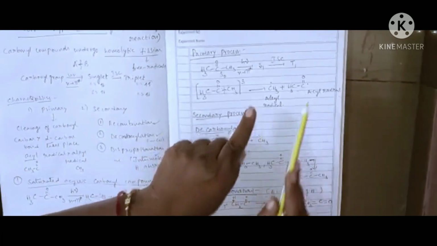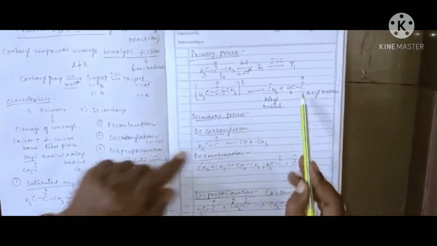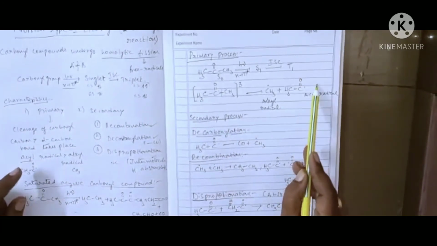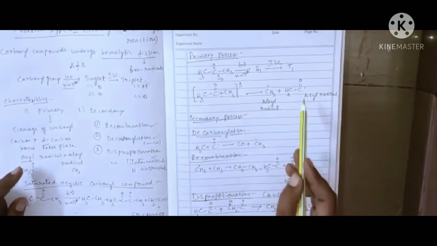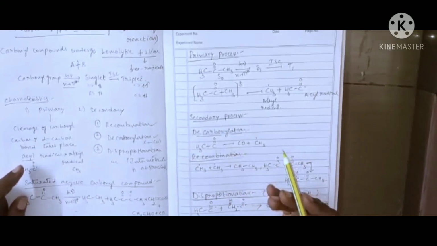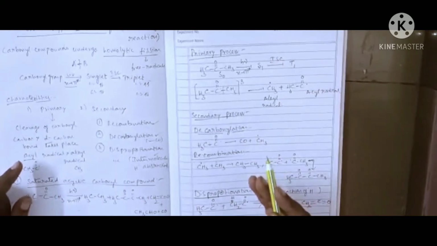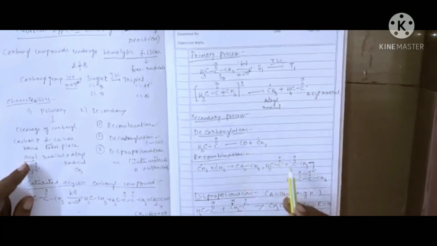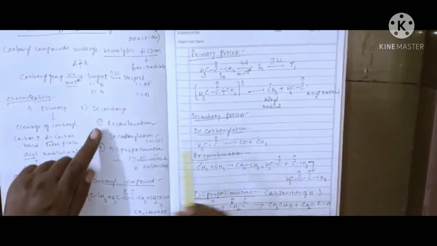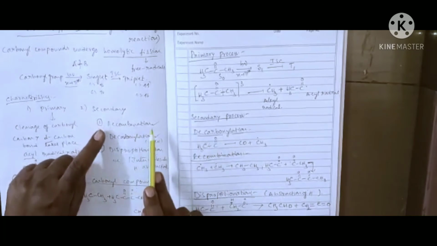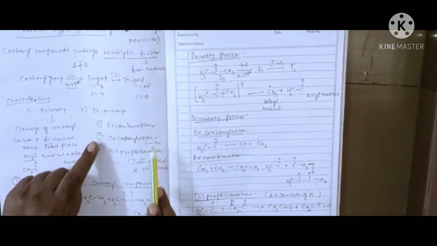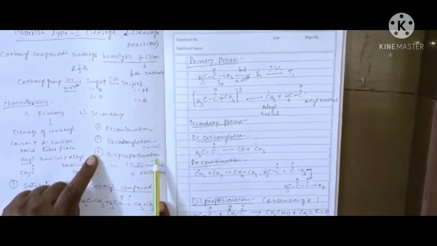So the radicals combine together, and from the radicals we eliminate carbon monoxide and hydrogen abstraction takes place. So many reactions take place here, and that's why we get different types of products. As we said before, recombination, decarbonylation and disproportionation reactions take place.